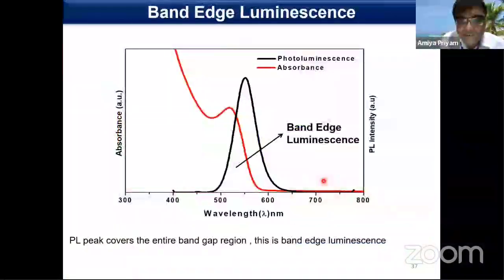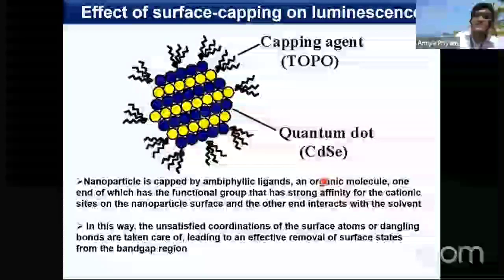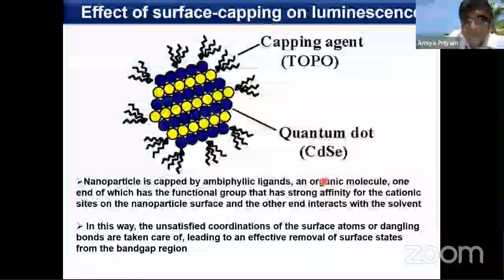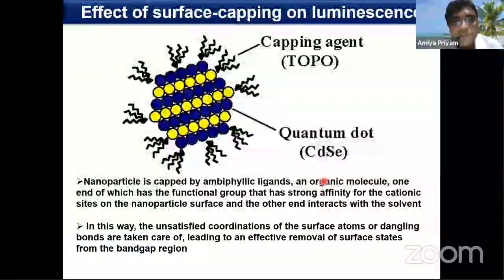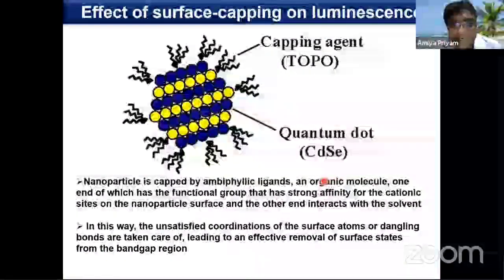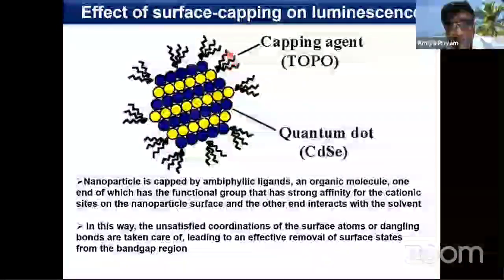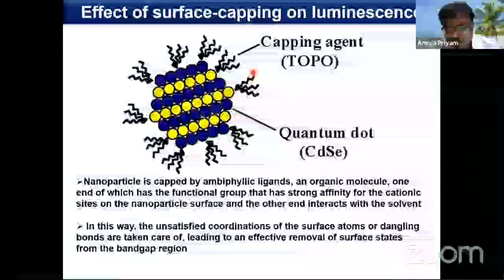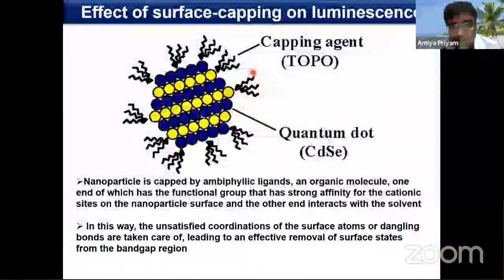To do that, we use this surface capping technique. We attach certain amphiphilic ligands on the surface. These are amphiphilic, meaning one end is a long organic molecule, a long chain, and one end has affinity for the cationic sites on the surface of a nanocrystal, and the other side has affinity for the solvent, because generally we synthesize in a colloidal system.